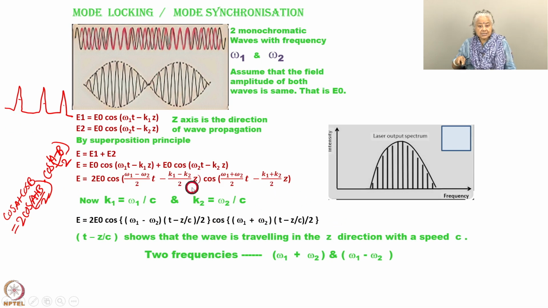And I started off with frequencies omega 1 and omega 2, and I land up with two more frequencies, omega 1 plus omega 2 and omega 1 minus omega 2. So obviously omega 1 plus omega 2 is a bigger frequency, and this is a slower frequency.